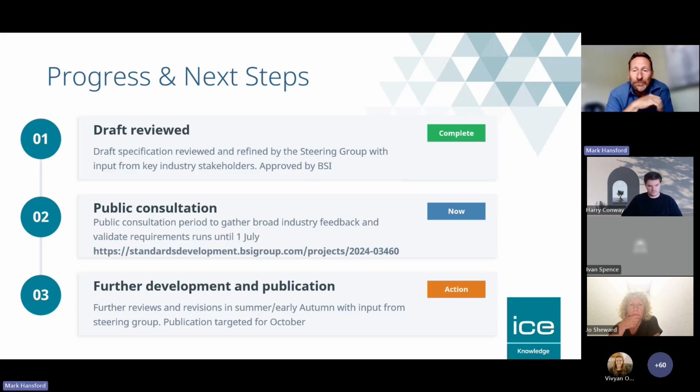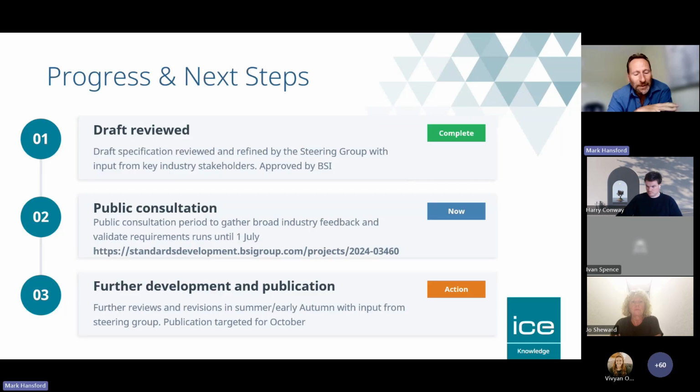So where are we at? We have right now reached an important milestone and are about to pass through this milestone stage, because the first draft has been reviewed by the BSI led steering group, which has about a dozen, nudging towards 20 people on it, who are all drawn from across the spectrum to provide impartial expertise into the work.